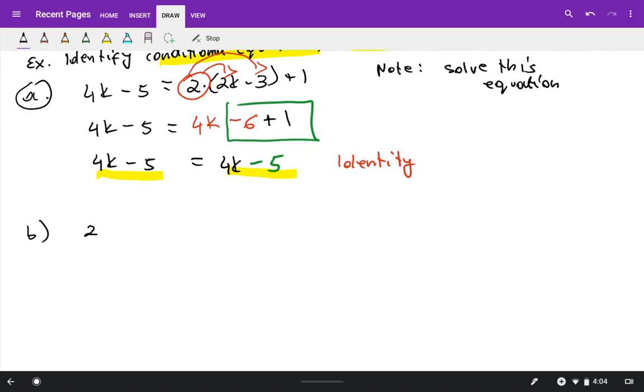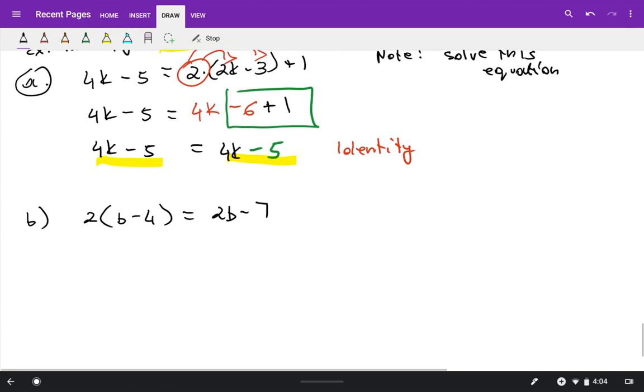We have 2 times (b minus 4) equals 2b minus 7. Again, we need to check if this is an identity, conditional equation, or contradiction. How are we going to know what we have? We need to solve it.